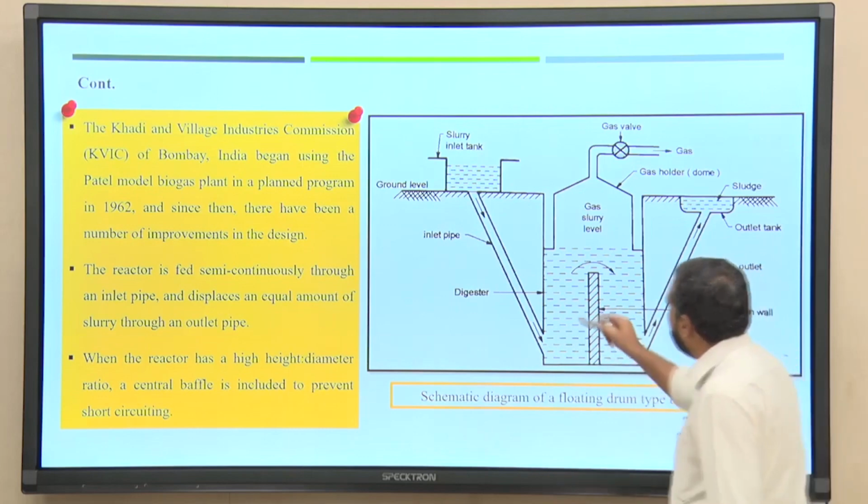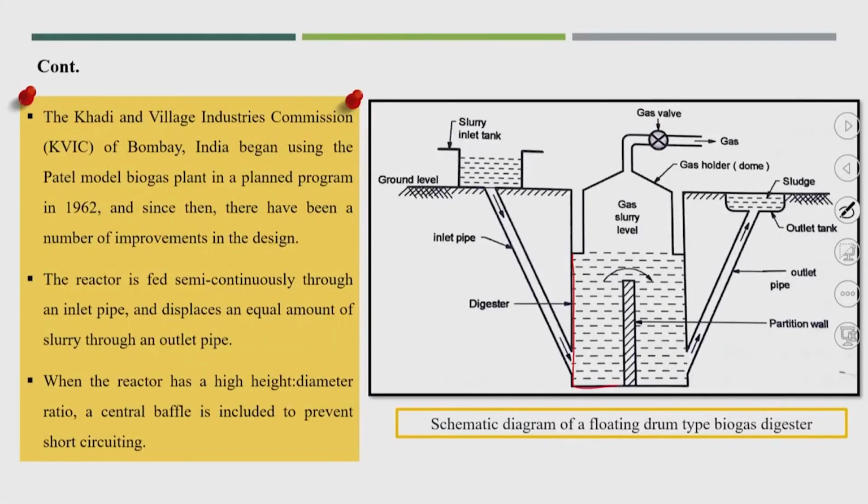Earlier, the Patel model was only one particular unit, but the improvement was that a central baffle has been added. Now, the flow of waste slurry will be like this, and the idea was that half of the area will be for the acid phase, and the other half will be for the methane phase.